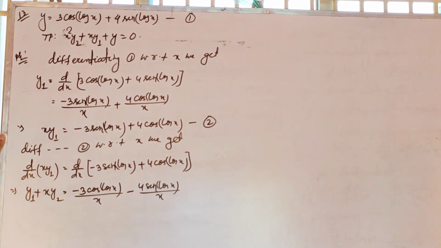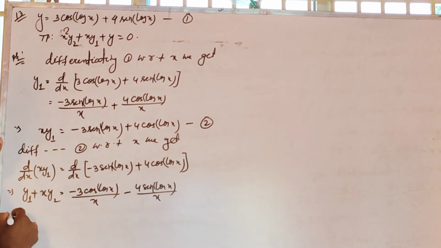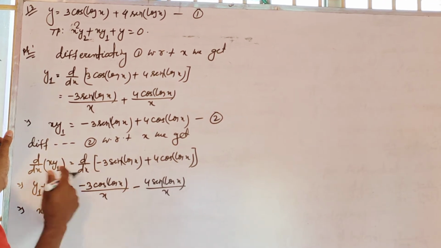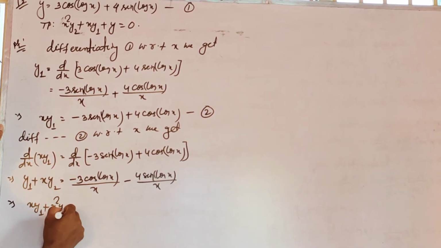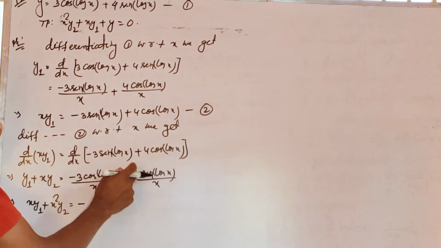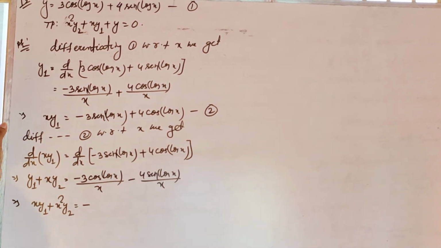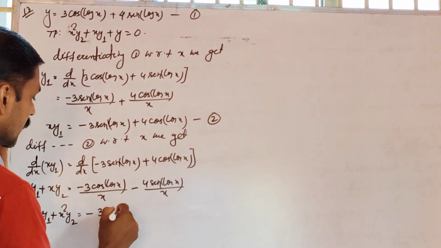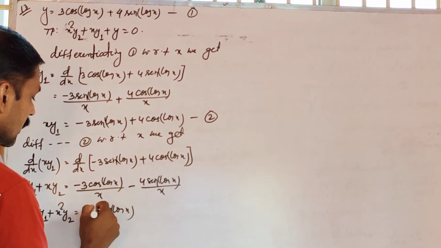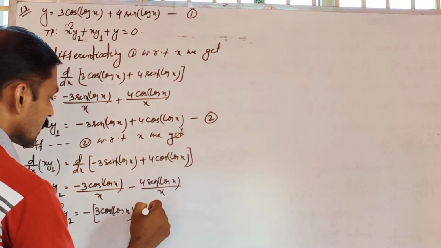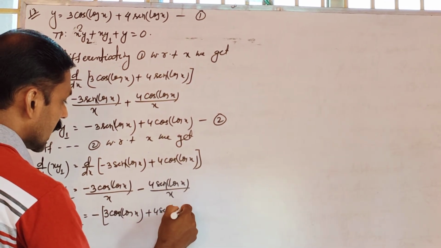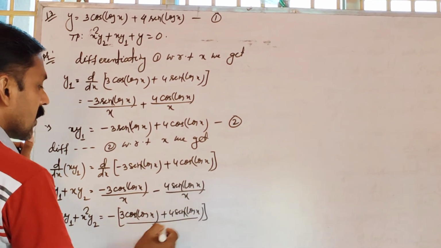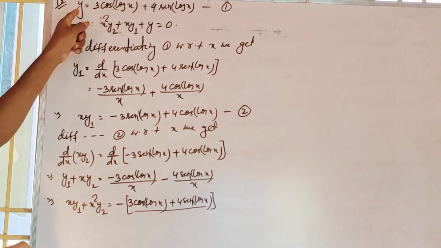Now again you see the denominator is same, so again you cross multiply. So it will become x y1 plus x square y2 equal to, now here both terms are in negative sign, so if we take minus common, then it is 3 cos log x plus 4 sin log x. Now what is this value? 3 cos log x plus 4 sin log x is y.